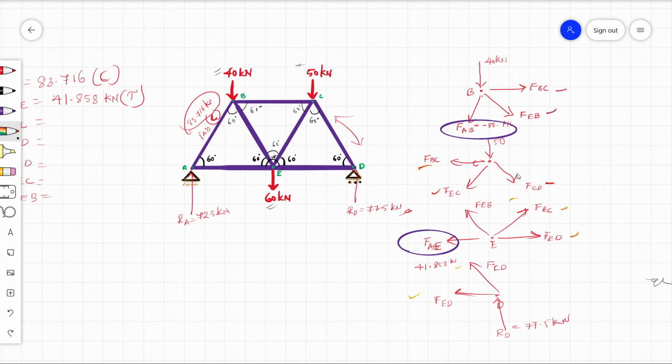Joint D is easy to solve first. So we solve the easiest one, then go to the next joint, next joint C, joint B, joint E.